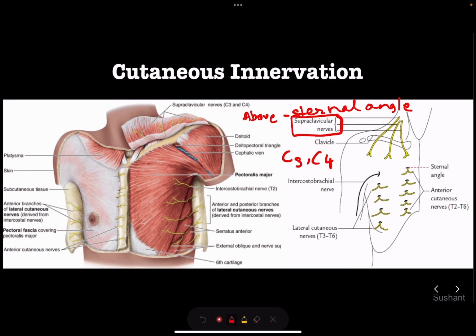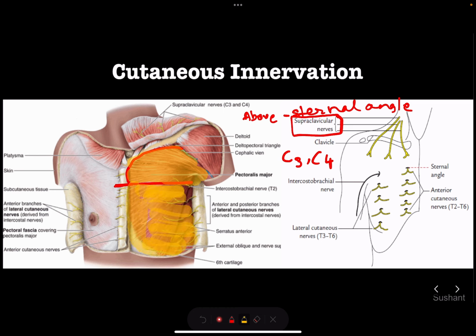So here is the sternal angle. Above this region, the cutaneous innervation is provided by the supraclavicular nerves derived from C3 and C4 fibers.